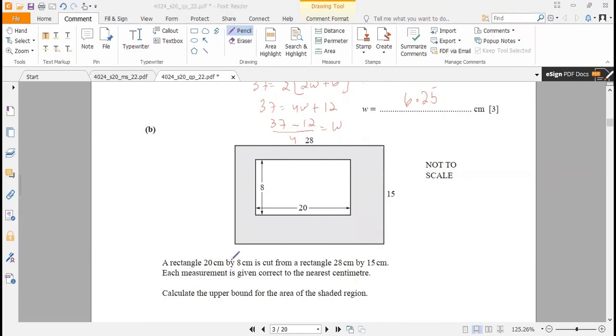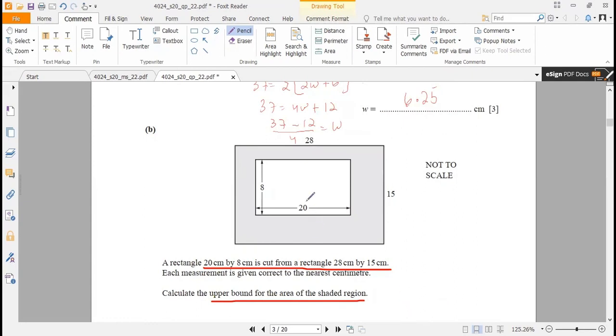In part B, it says that a rectangle 20 centimeters by 8 centimeters is cut from the rectangle 28 centimeters by 15 centimeters. Each measurement is given to the nearest centimeter. So what does it mean? Firstly, we need to find the upper bound for the area of the shaded region.